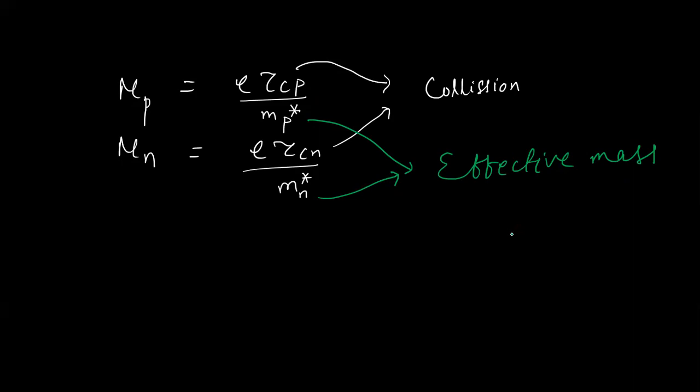Now, what is the collision process, or the scattering mechanism, that dominates in the semiconductor and affects the carrier mobility, mu p and mu n? What are the collision mechanisms that happen in this semiconductor and dominate the whole process? There are two different types of collision mechanism we will see in a semiconductor.